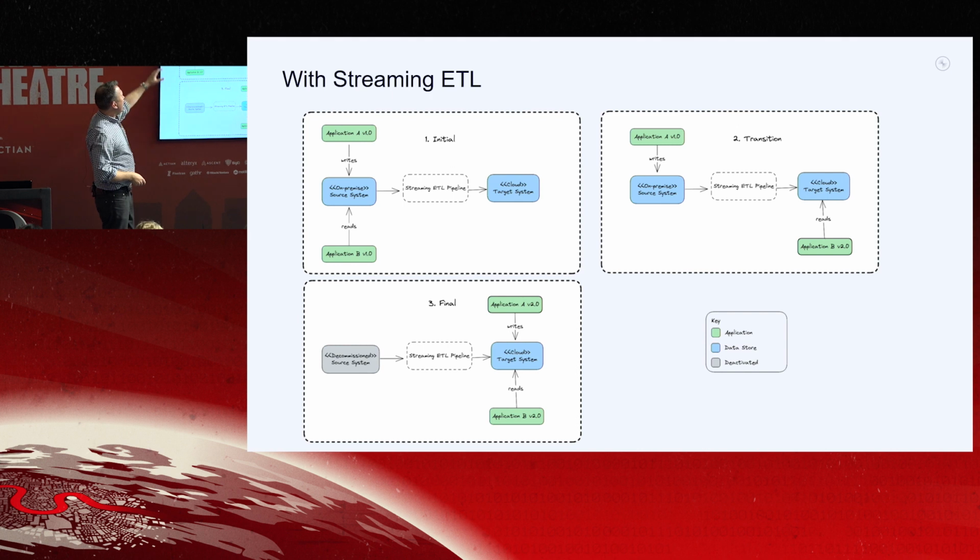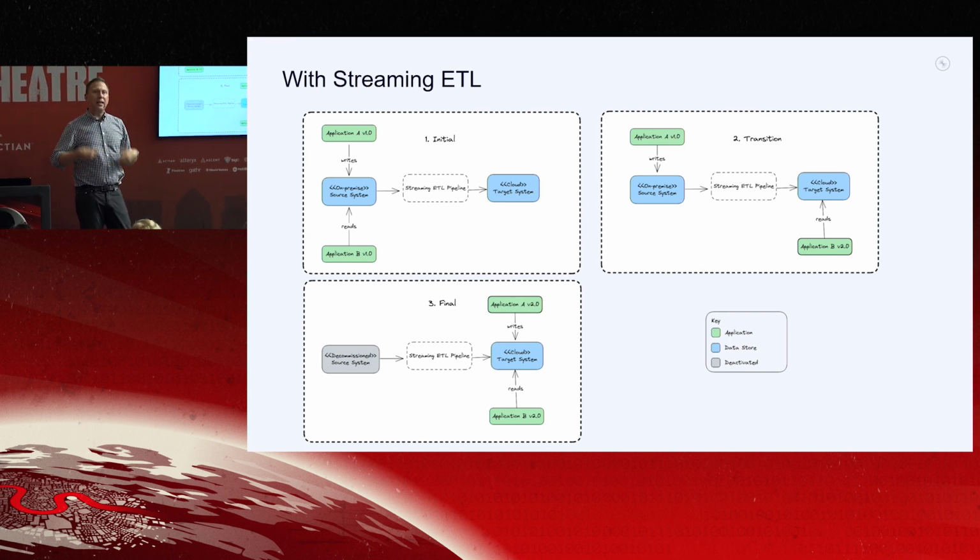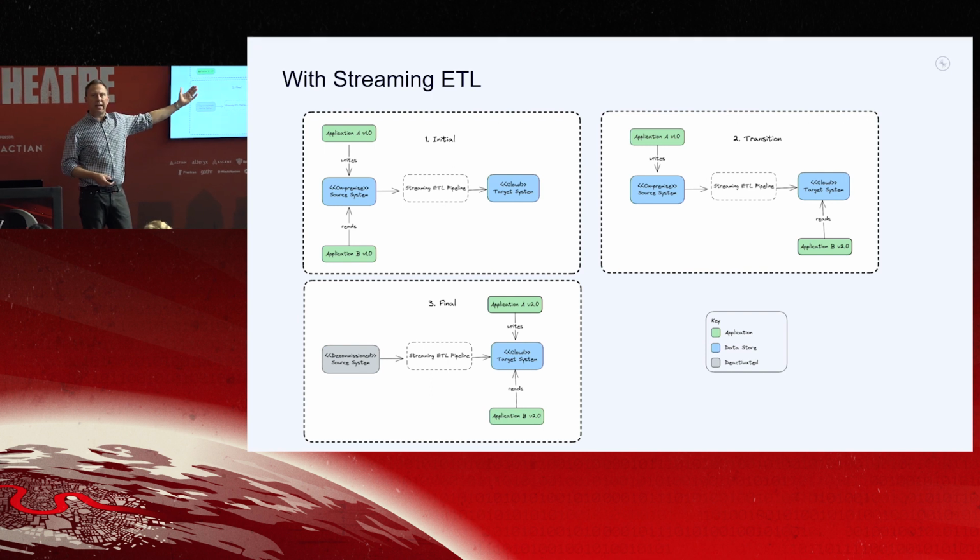With streaming ETL, we have a writing application and a reading application that talk to an on-premise data system, some database. We set up a streaming ETL pipeline that absorbs all of the data, ingests it through Kafka, processes it, and in real time starts writing it out into the target system.